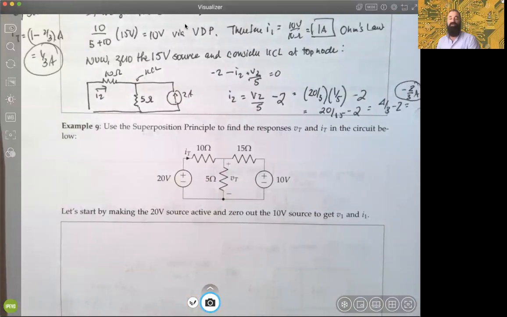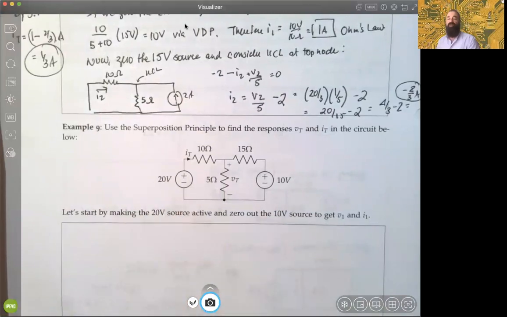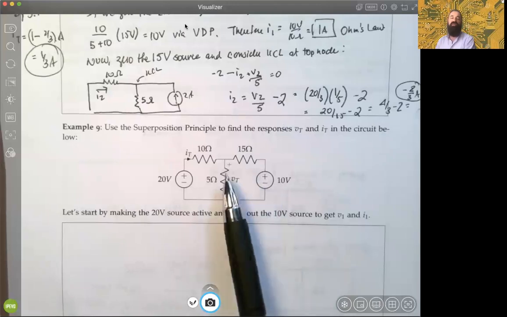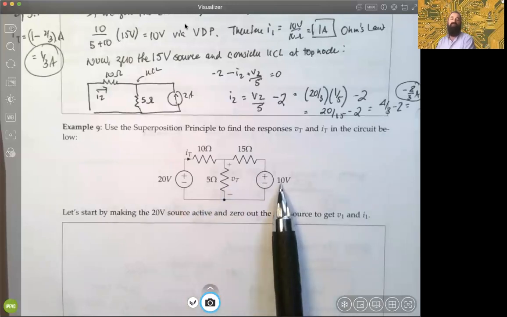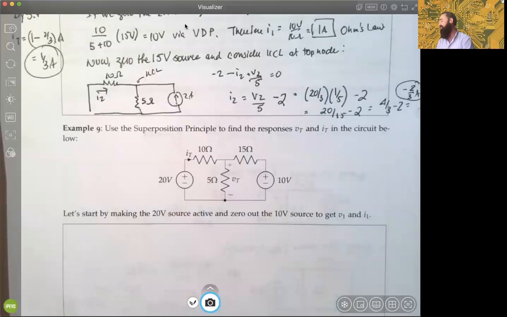Right, using superposition. Let's start by making the 20 volt source active and zero the 10 volts. These are both voltage sources, notice that, okay? But we're going to call the first response obtained when you zero this one out. So that's going to be our first goal, to zero out the 10 volt source with a short circuit.